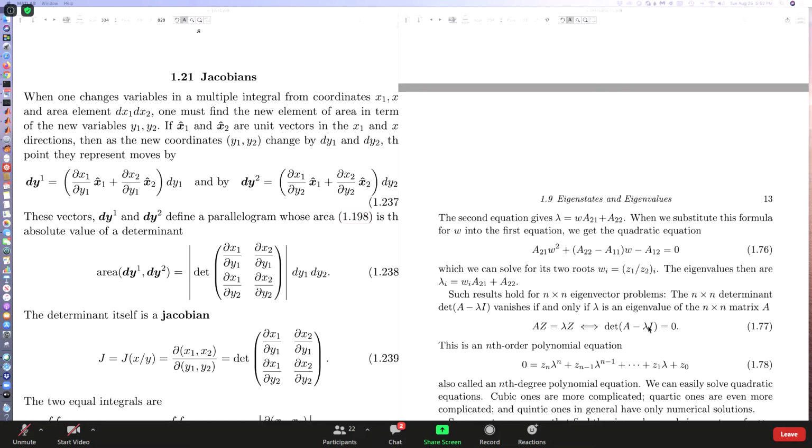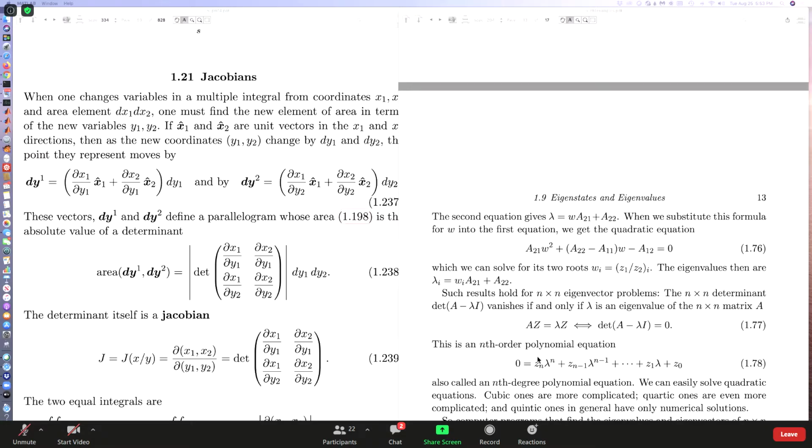When you compute the determinant, one of the terms is going to be minus lambda to the 5th, and so that's the first term. What MATLAB did was multiply that by a minus sign to give a positive leading term.